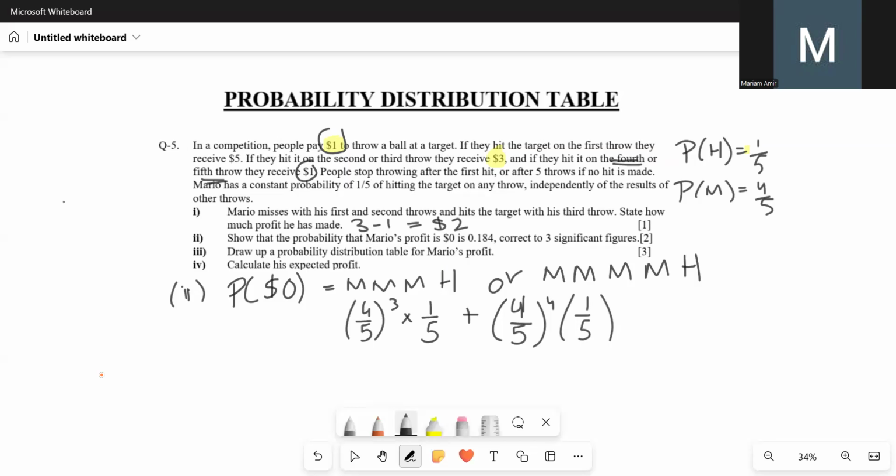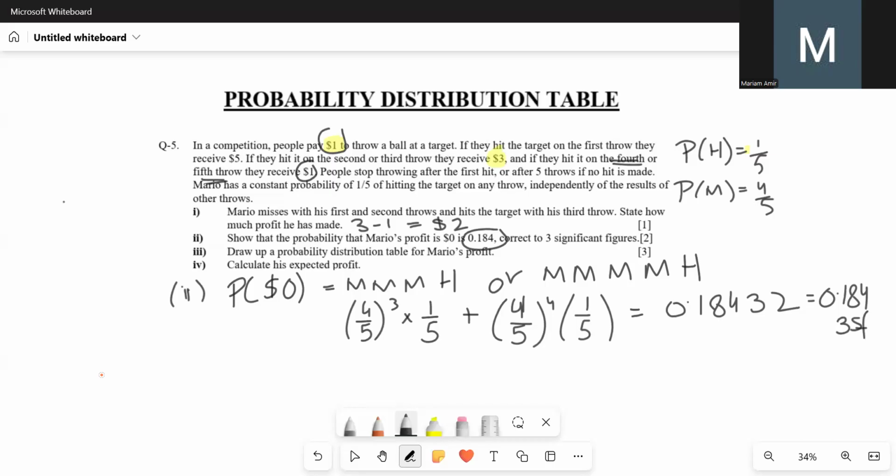This comes out to be 0.18432. You must show a longer answer before showing this 3 significant figure answer. It rounds to 0.184 in 3 significant figures.